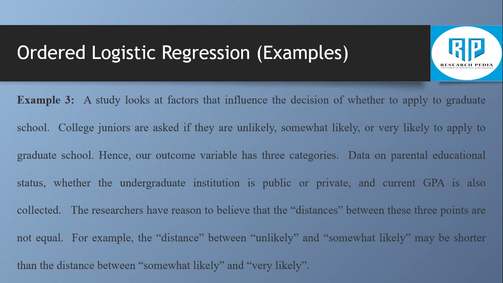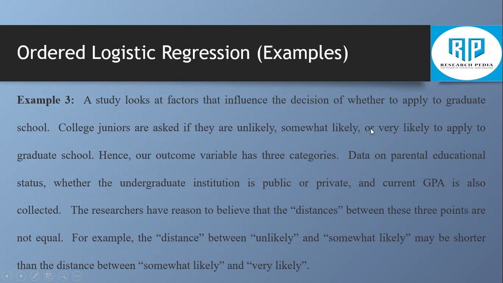As example three, a study looks at factors that influence the decision of whether to apply to graduate school. So you are going to discuss the factors that may influence your decision whether you are going to apply to a graduate school or not. College juniors are asked if they are unlikely, somewhat likely, or very likely to apply to graduate school.